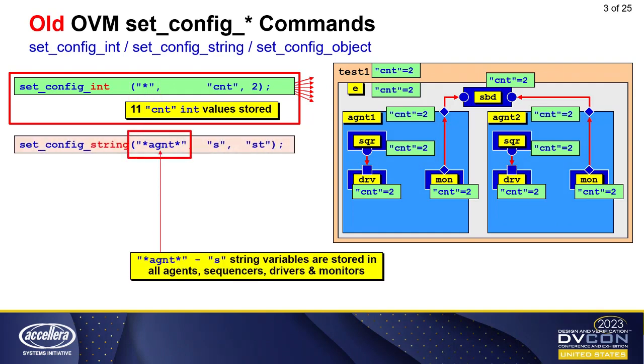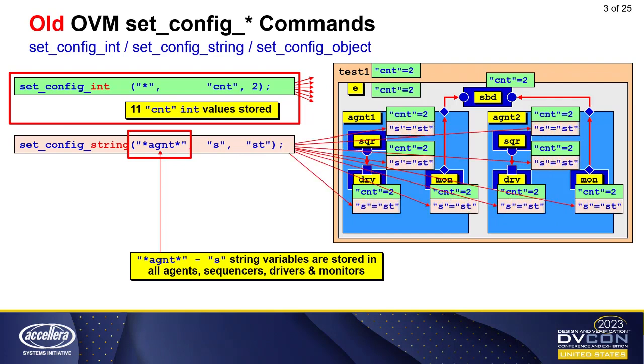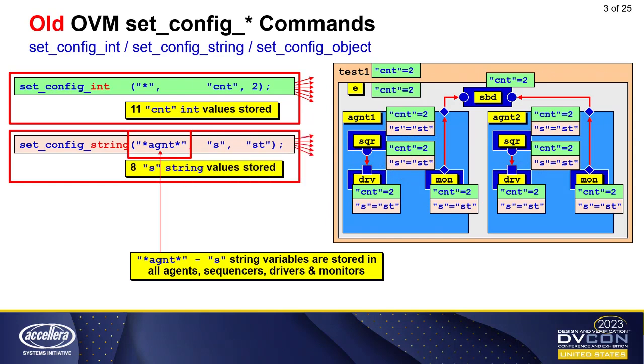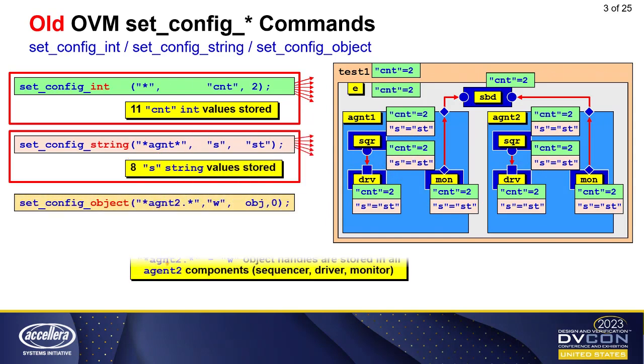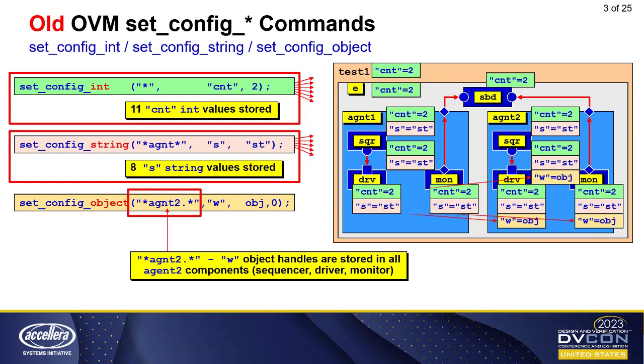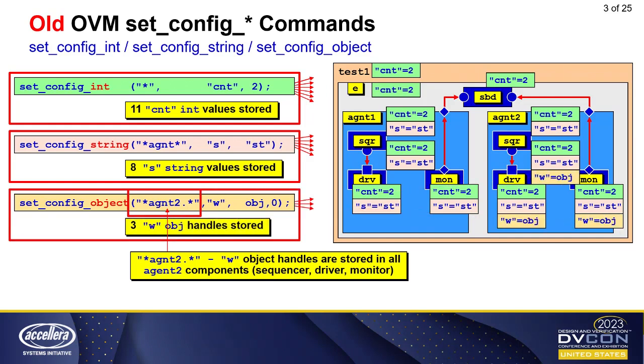This setconfig string command used an agent wildcard string to store the string value st in an s variable in all of the agent and agent subcomponents of the test bench. And this setconfig object command used an agent2 wildcard string to store the obj object handle in the w variable in the agent2 and all of the agent2 subcomponents of the test bench.